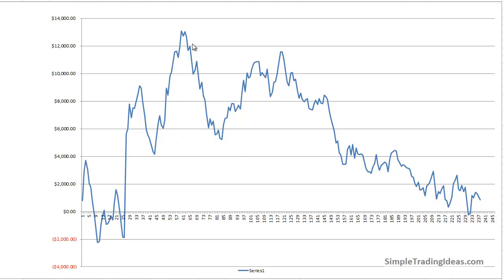Moved up to a peak here, near the end of October last year, I think it was the 27th, that's where we had the equity peak. And right around the 1st of November is when I stopped trading this system. So all this movement downward, downward, downward, I did not participate in.